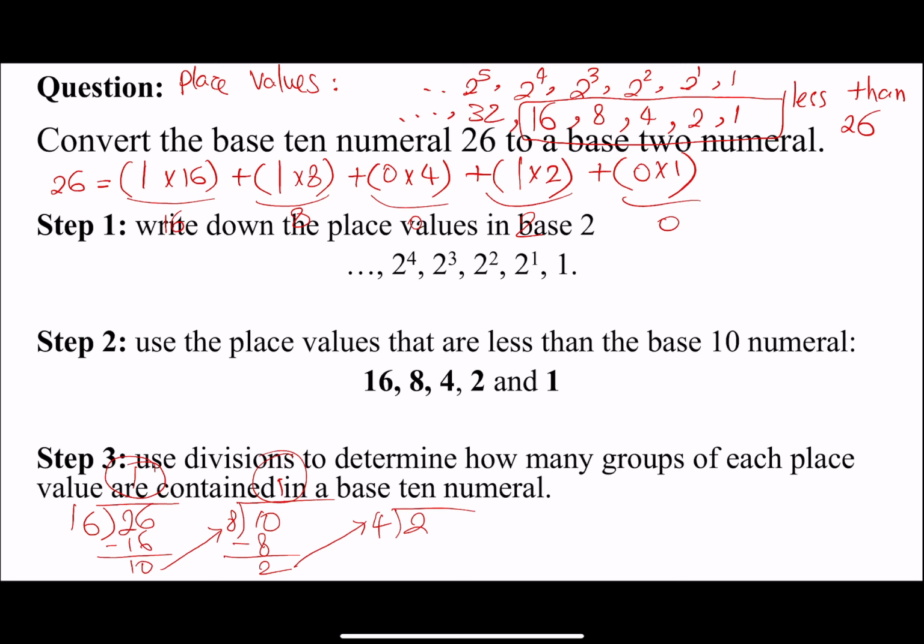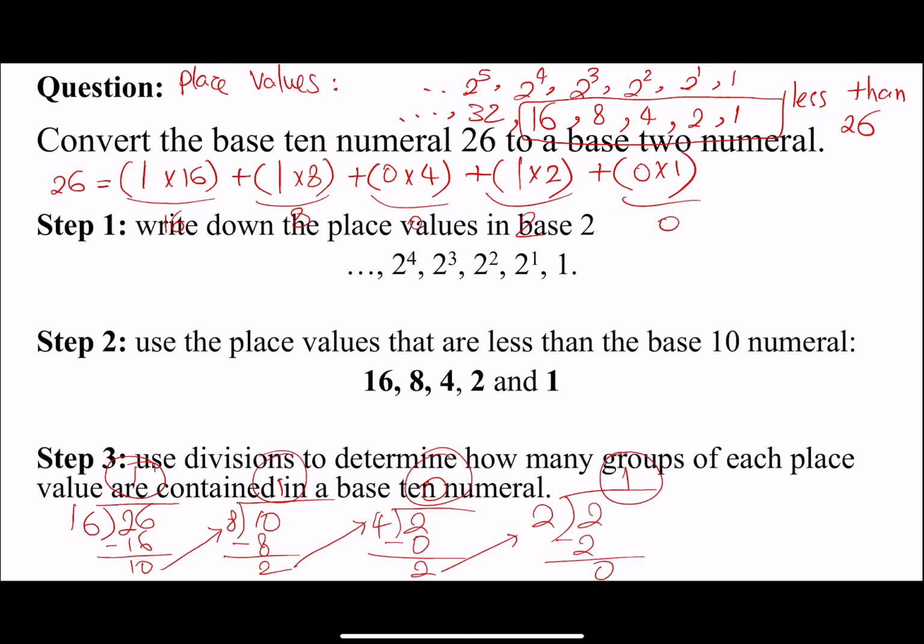Well, 4 is bigger than 2, so 0 groups of 4 we need here. 0 times 4 is 0, so 2 minus 0 is 2. So we have 0 groups of 4. So I bring 2 here and I divide it by the next place value, which is 2. So 2 divided by 2, 1 group of 2, builds up 2. Okay, I have 1 group of 2.